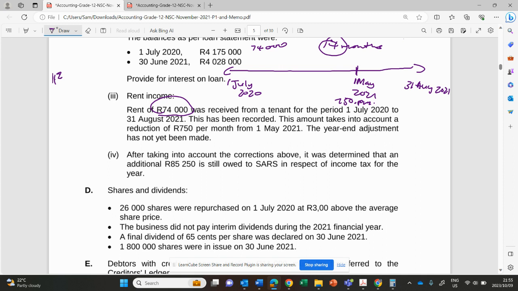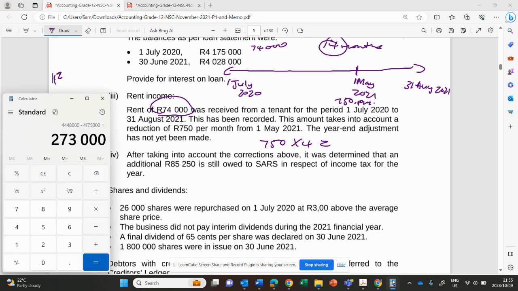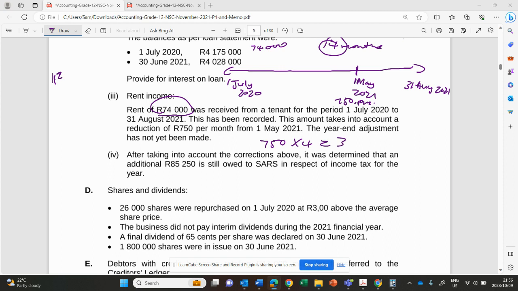So you need to remove the reduction. The reduction happened from May until August: May, June, July, August. So it's 4 months. It's going to be 750 times 4, that would be 1.5 times 2, which is 3,000. So it's 3,000.